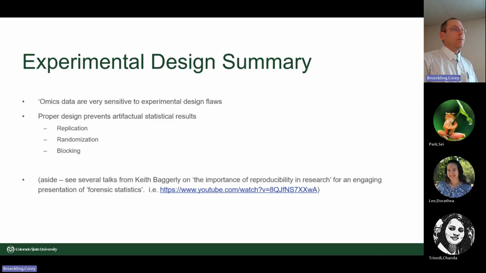Random number generators can generate significant results. Proper design prevents these artifactual statistical results, and we need to rely heavily on replication, randomization, and blocking to make sure that the data that we are reporting on is of high quality and we're not introducing bias or high variance, which masks treatment effects.